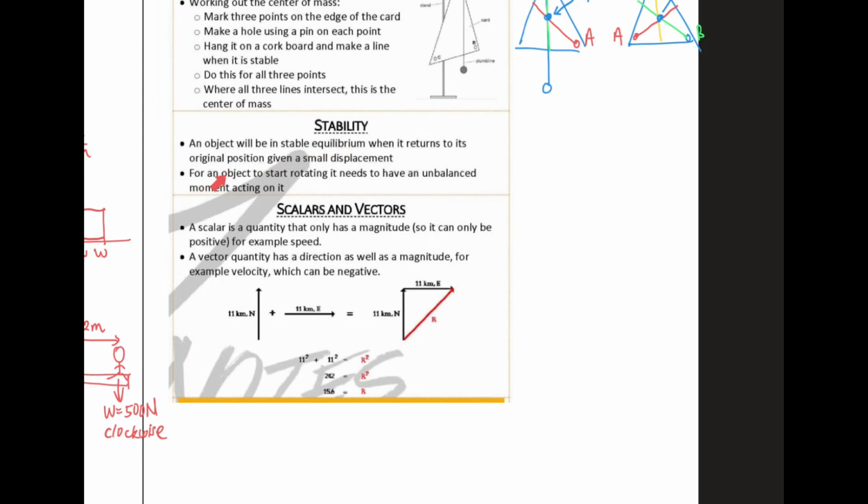Okay, so for an object to start rotating, it needs to have an unbalanced moment acting on it. Let me give you one example. Pendulum again, which is like this originally. Now you give a small displacement.